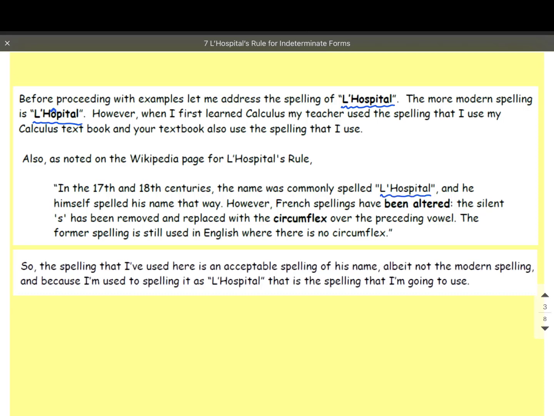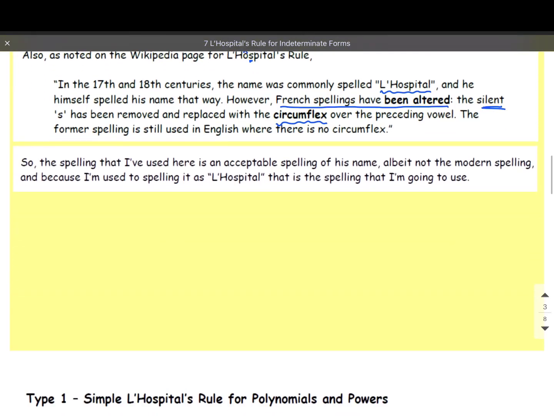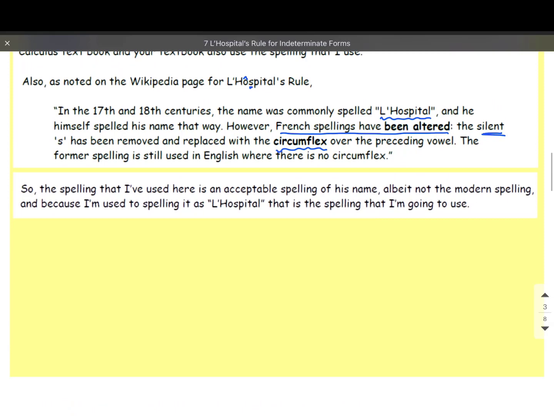And he himself spelt his name that way. However, French spellings have changed. The silent S has been removed and replaced with a circumflex over the preceding vowel. Okay, which means this silent S is gone, and now they have that caret over the O. So again, I have an American keyboard. I can't put the circumflex on there, and that's the way he wrote it. It's how I'm going to write it. Okay, so that's just, if you ever see another professor write it differently, that's why.